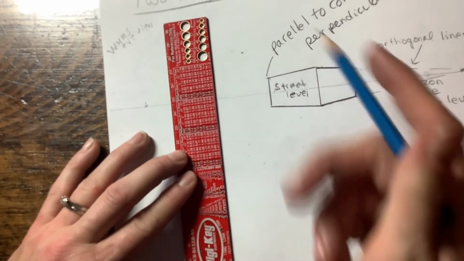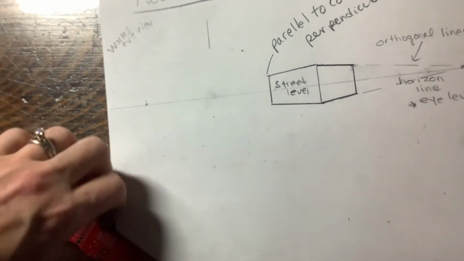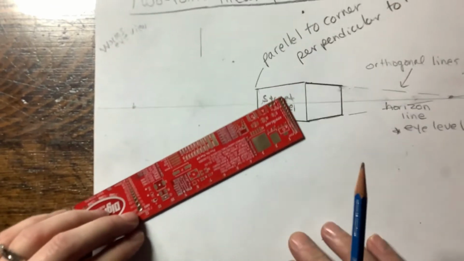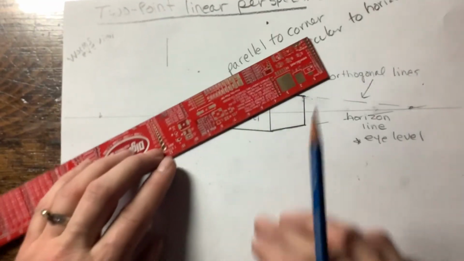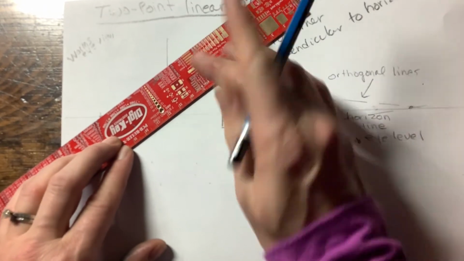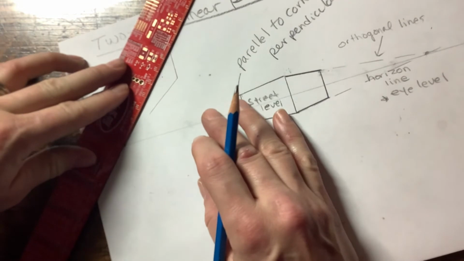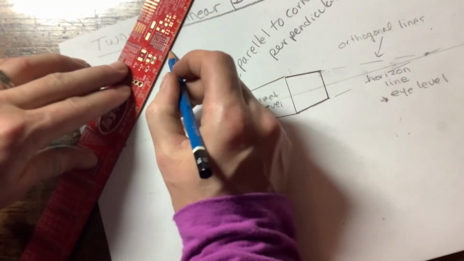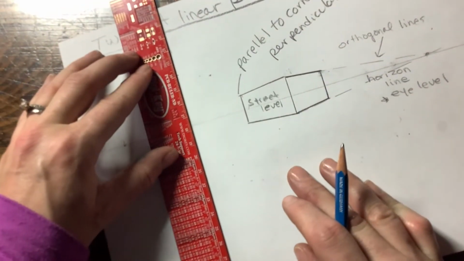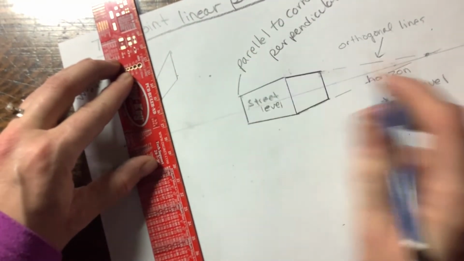I'm going to go ahead and draw just a little corner of my object. And now I'm going to connect the top and the bottom to both vanishing points. Then there's the edge.